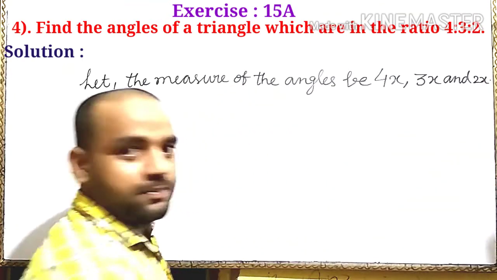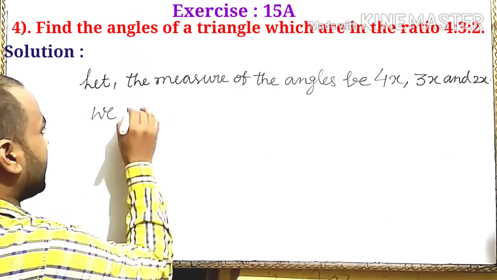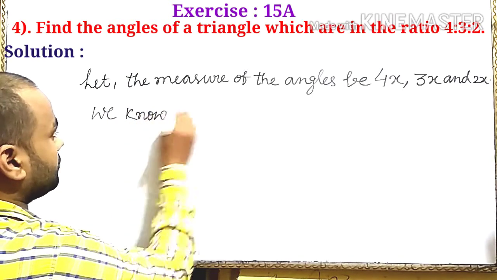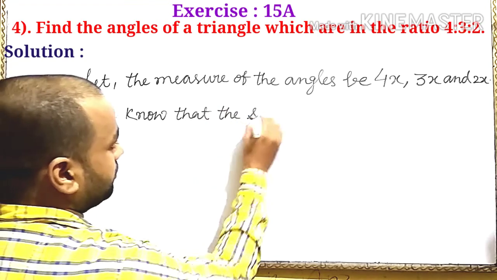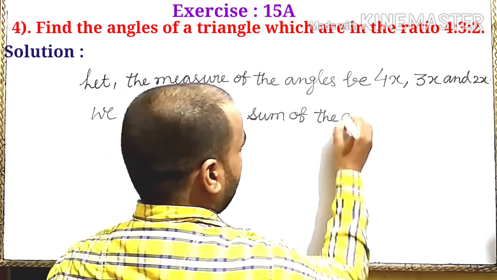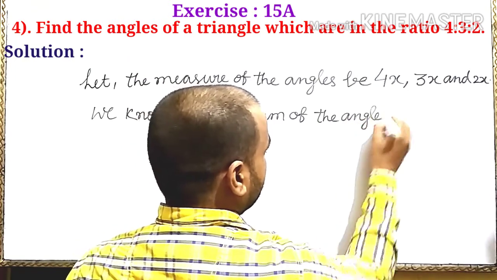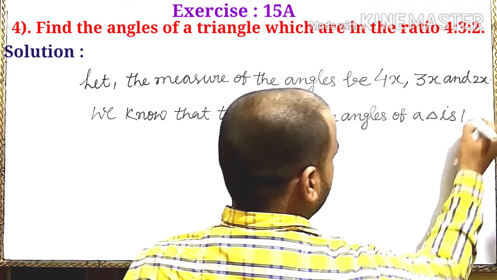Now we know that the sum of the angles of a triangle is 180 degree.